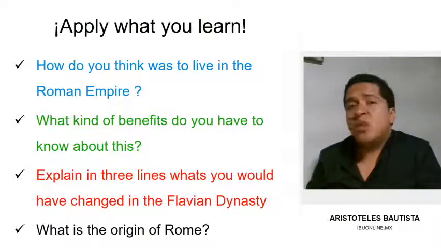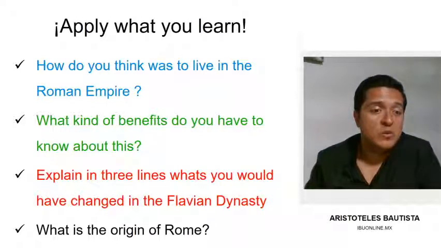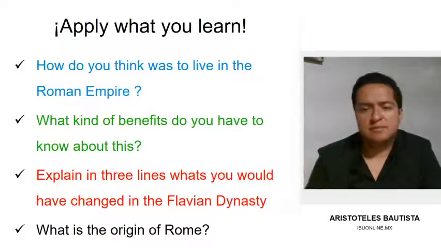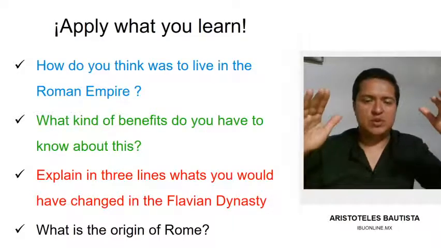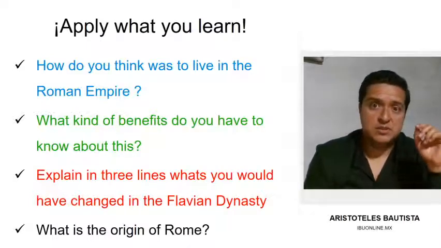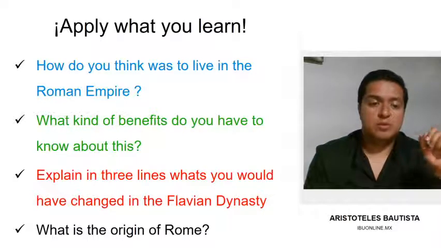What is the region of Rome? Remember what the region of Rome was. And what we're gonna do, write it down, upload your homework. You will have till tomorrow to send your homework.